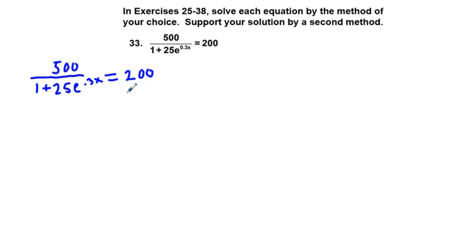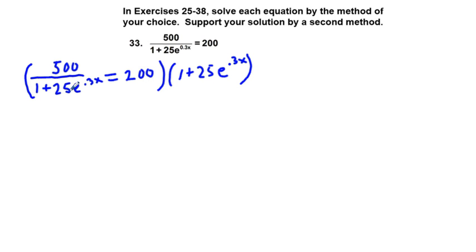Now to solve this, I'm going to try to solve this algebraically. To do that, I'm going to multiply both sides of this equation by the quantity 1 plus 25e to the power of 0.3x.